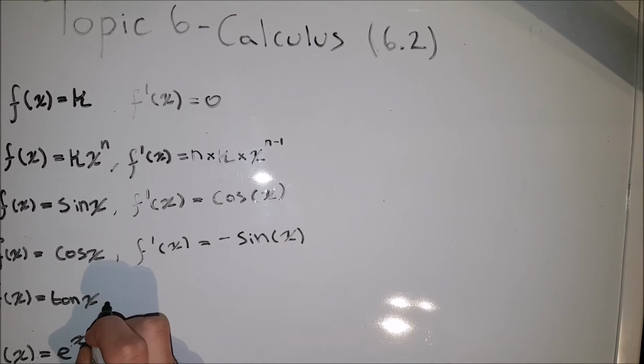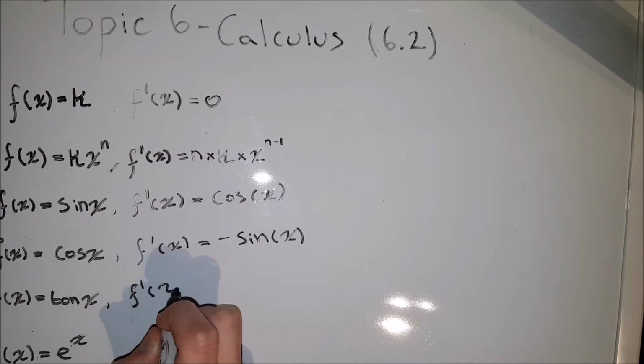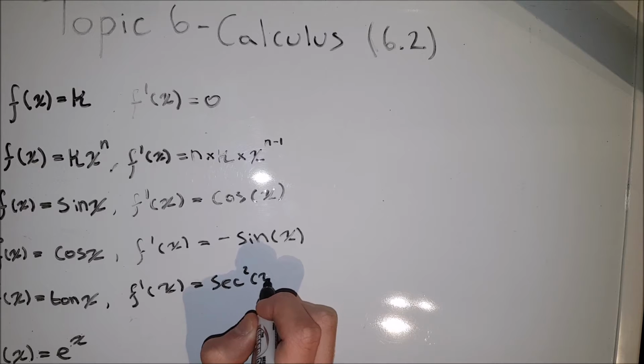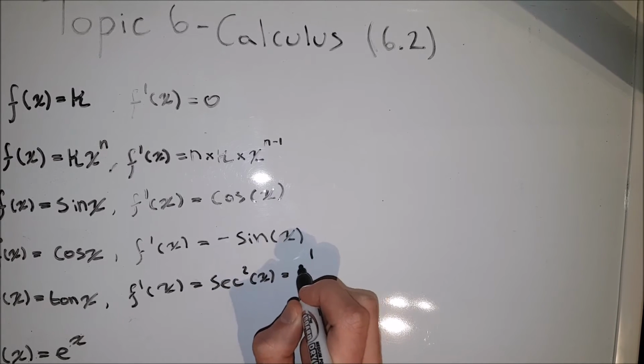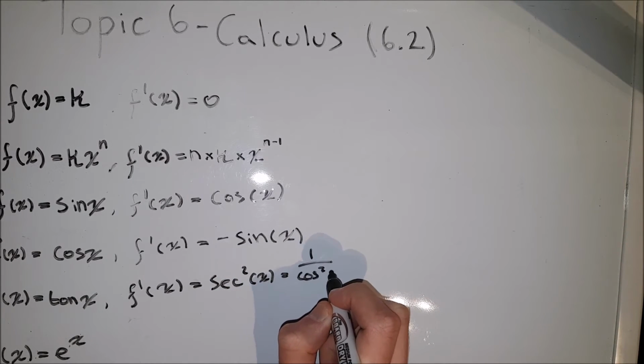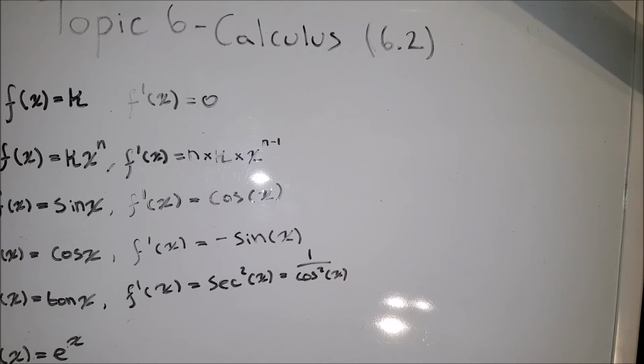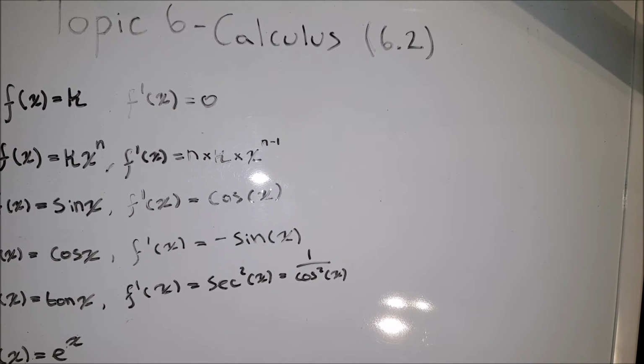And the derivative of the tangent of x is the secant squared of x, which is 1 over the cosine squared of x. So yeah, these you basically just need to memorize. Of course there's proofs for them, but I'm not going to do them. You don't really need to know the proof. You just need to memorize these.